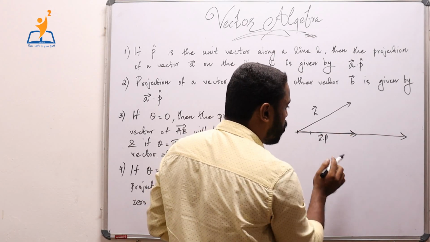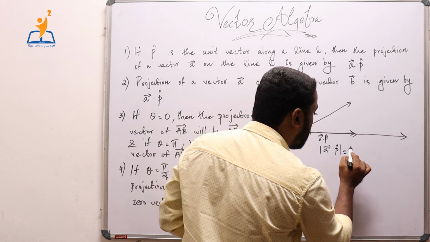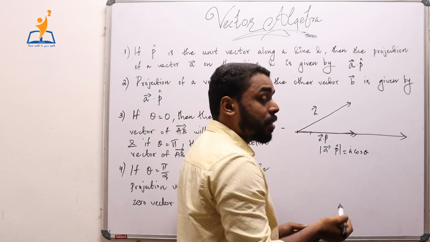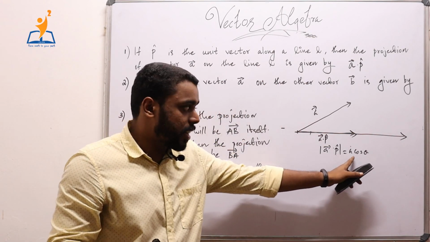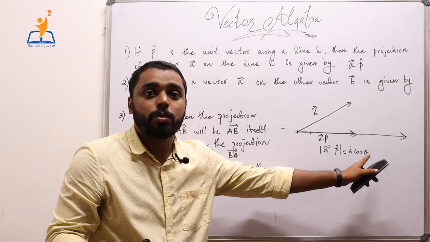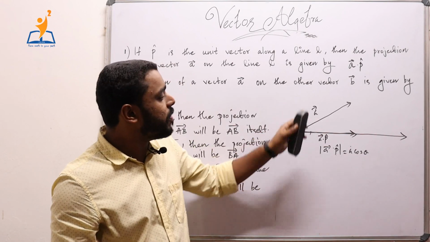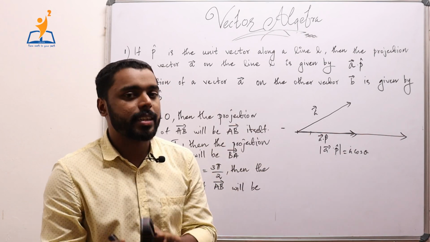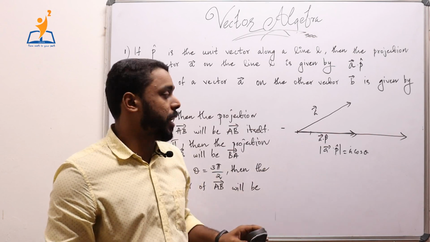The magnitude will be modulus of a bar dot p cap, equal to a cos theta, since mod p is 1, because it is a unit vector. This is the condition required for a vector to be a projection: magnitude should be a cos theta. This is satisfied. So whenever we are given p cap, which is the unit vector in the directed line segment, then the projection is nothing but a bar dot p cap.